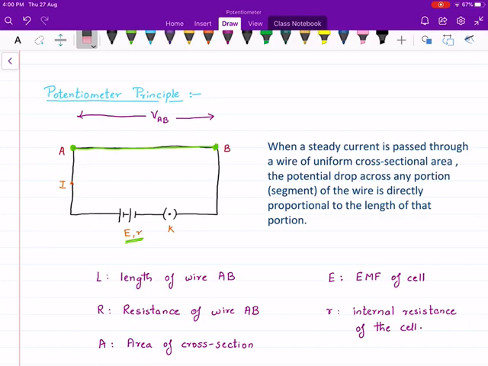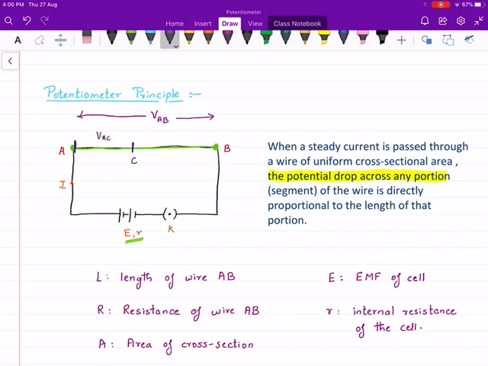What does that mean? That when a steady current is passed through a wire of uniform cross-sectional area, that is, when you are passing current I through this wire AB, then what is happening? The potential drop across any portion. If you take any portion of this wire, suppose I consider just one part, from this point A to some arbitrary point C. So the potential drop across this wire, let that potential drop be VAC.